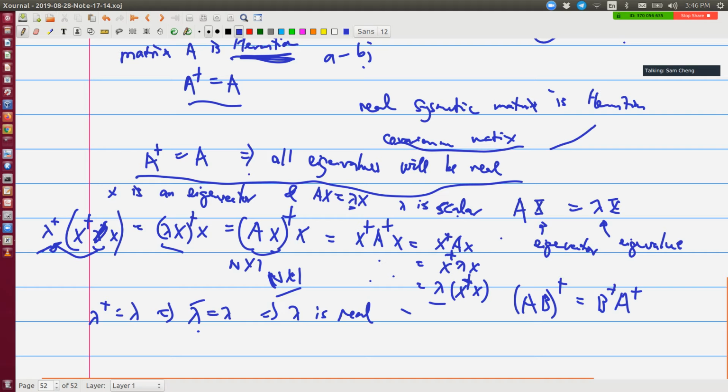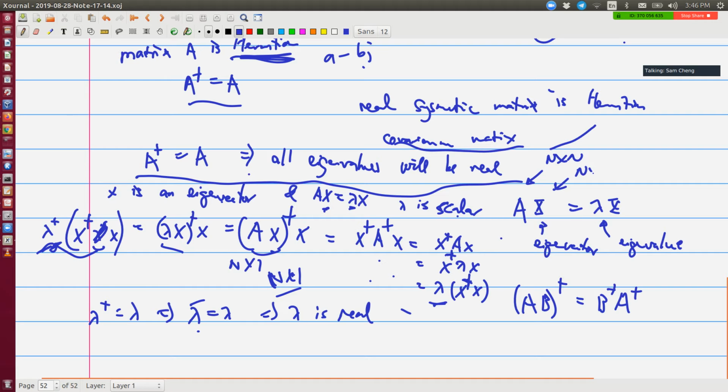Can lambda be a matrix? No, lambda is a scalar. Your x is an eigenvector, just a vector, and A is n by n.